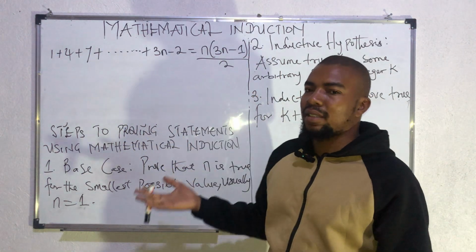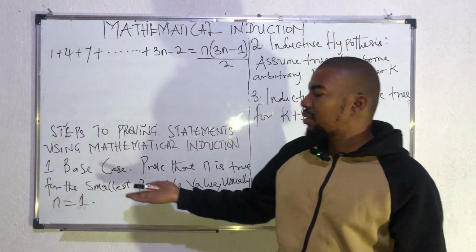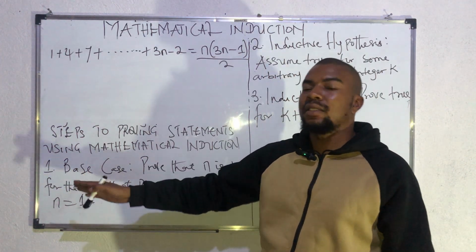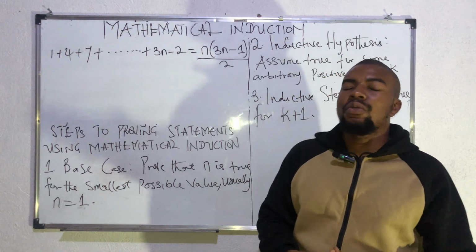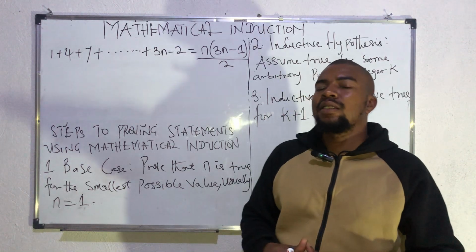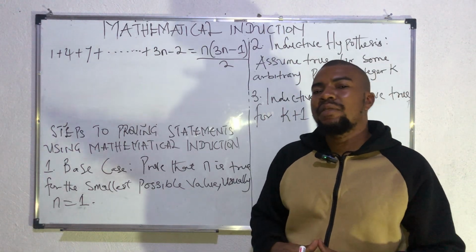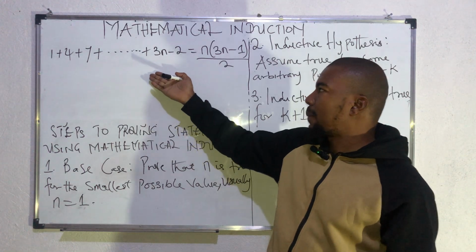You're going to test for n equal to 1. If after testing for n equal to 1 it is true, then you can continue with the proof. But if it is not true, then there is no point in continuing because you can never get the correct proof for this statement.